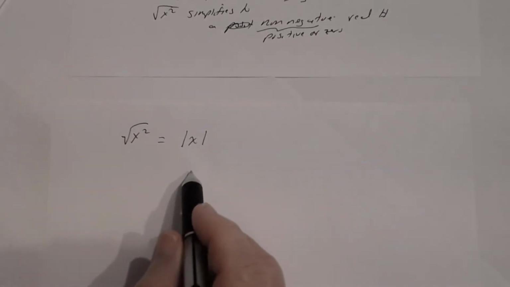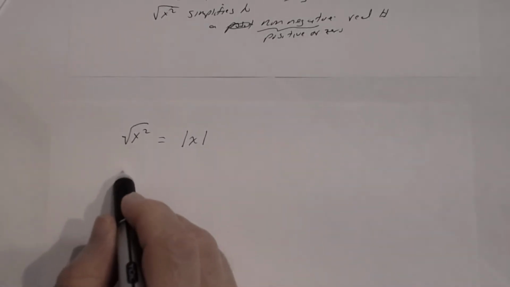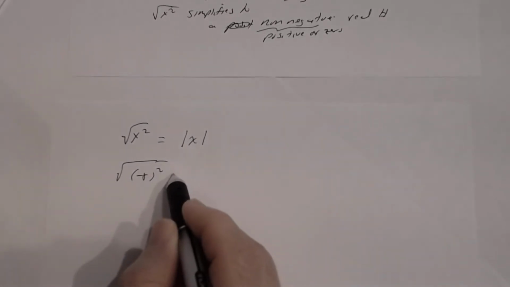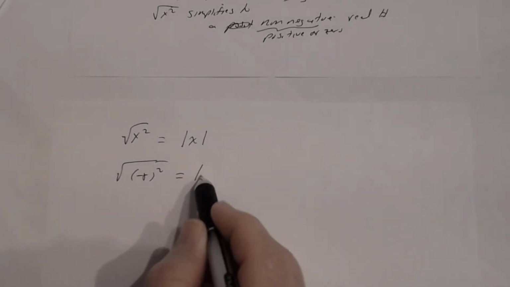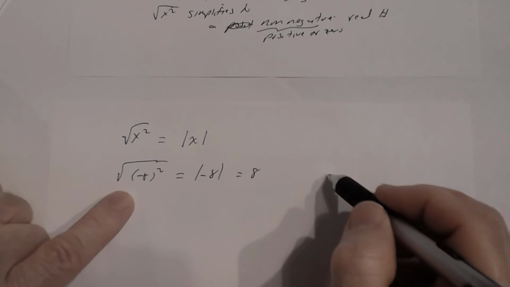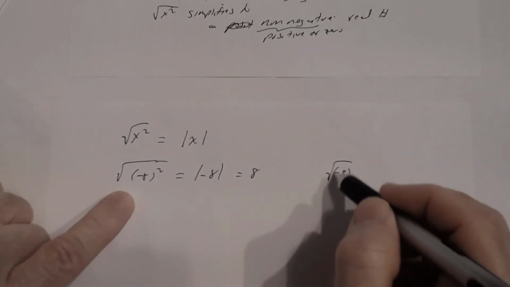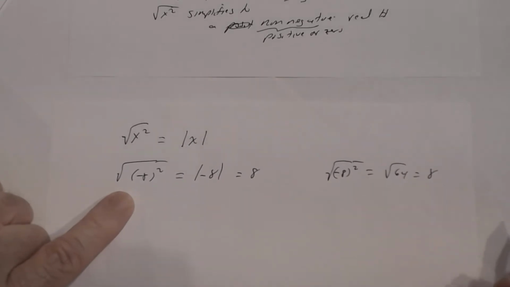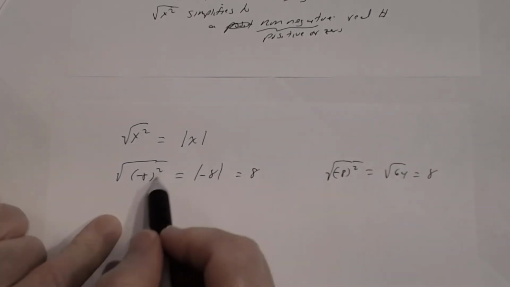Now, if I look at this, the square root of -8 squared, do y'all agree that's going to be the absolute value of -8, which is just 8? We know that's true because the square root of -8 squared is the square root of 64, which is 8. So we knew it had to be 8, so that's why I have to take the absolute value of -8.